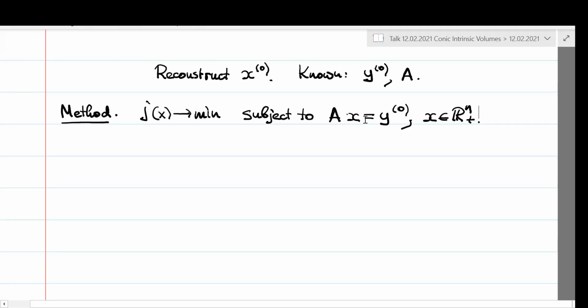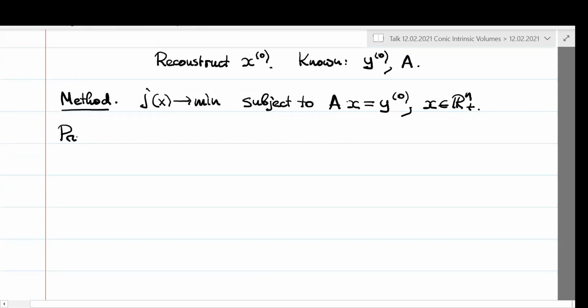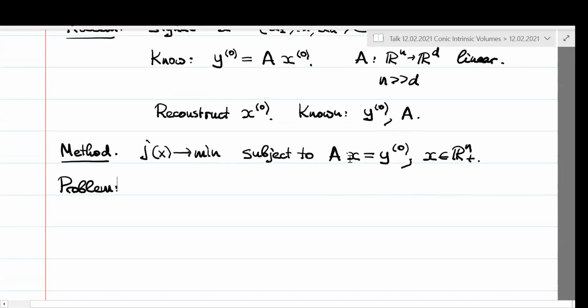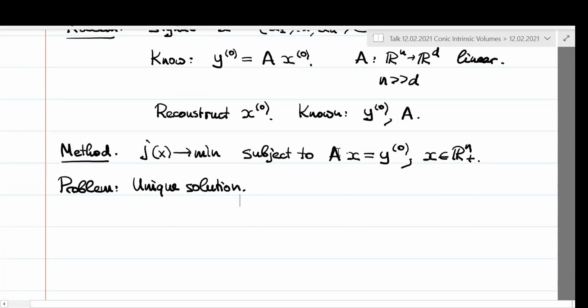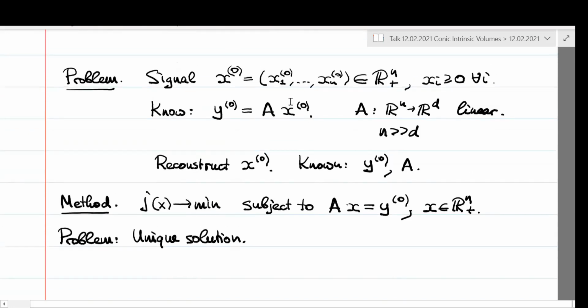So the problem in which we will be interested in this connection is whether these two conditions determine x uniquely. And if this is true, then of course the solution must be x0. So then the reconstruction is possible.